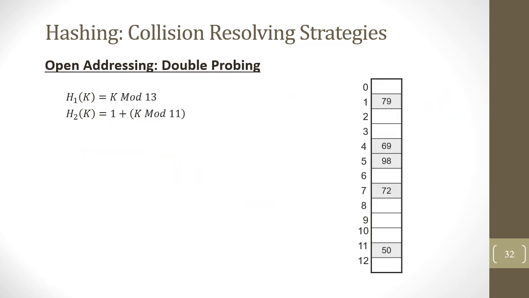Let's have a look at this double probing example where we have two functions. The first function is used as the original hash function and the second function is used as the probing function.